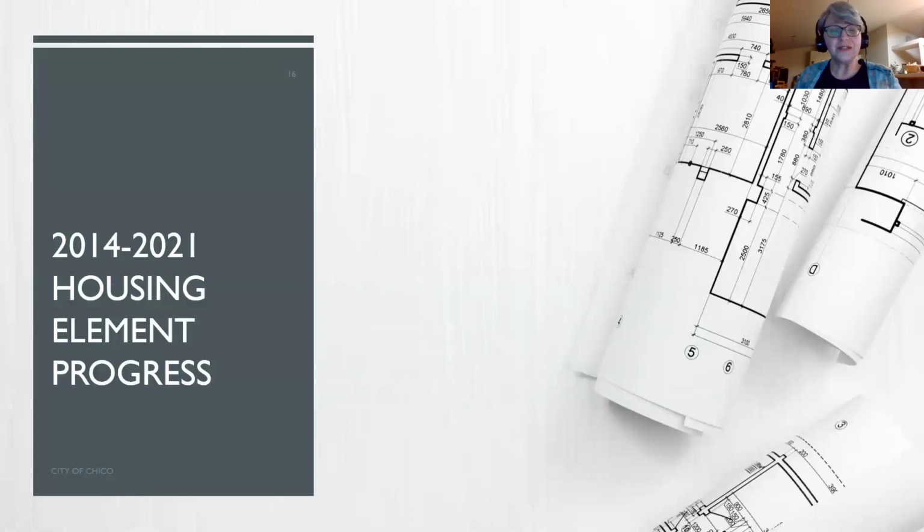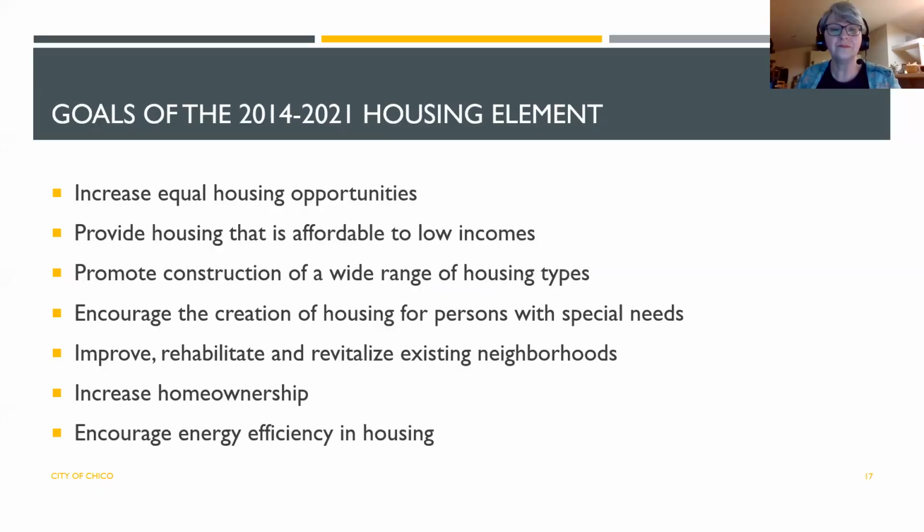All right, now we're going to talk about progress that the city has made in the current housing element for the period 2014 to 2021. So these were the big picture broad goals that were established in the 2014 to 2021 housing element.